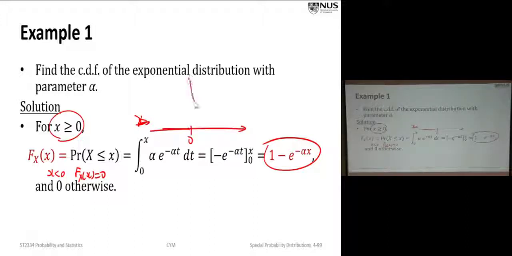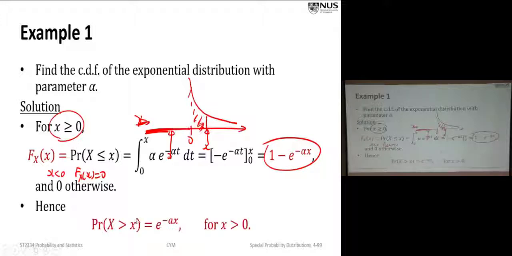It's 0 here and then drops here. So if this is my x, I'm basically looking at this area. If x is here, then there's no area. So the CDF is 0. All right, so the probability of x greater than little x is e to the power minus alpha x, just 1 minus this quantity. So that gives you this, only for x greater than 0.